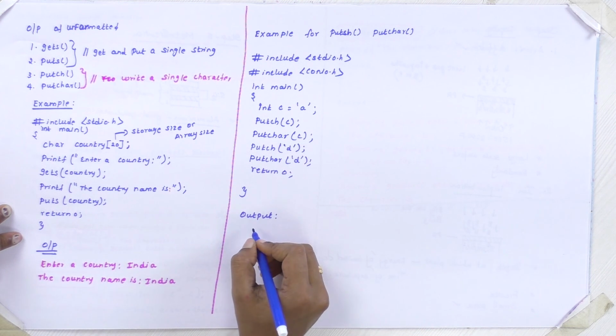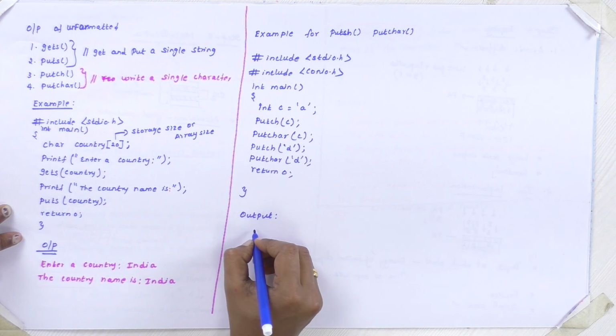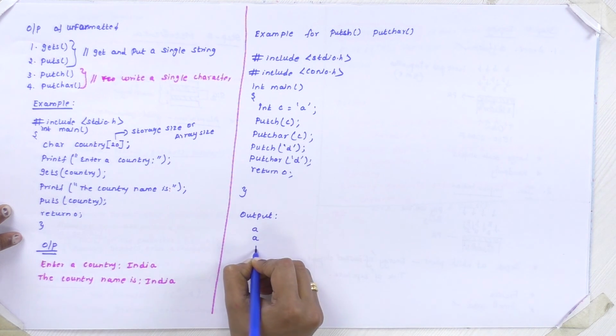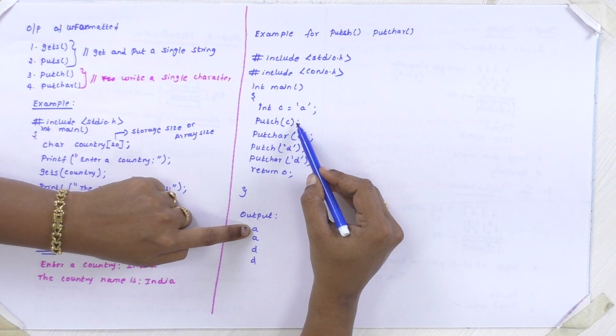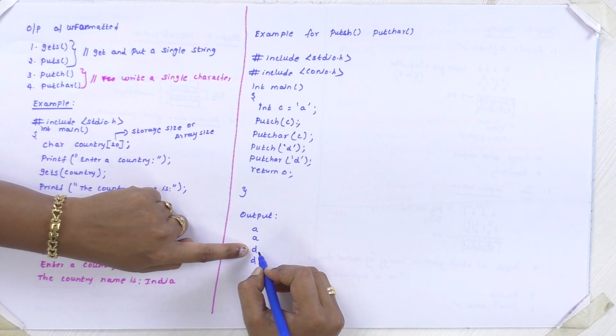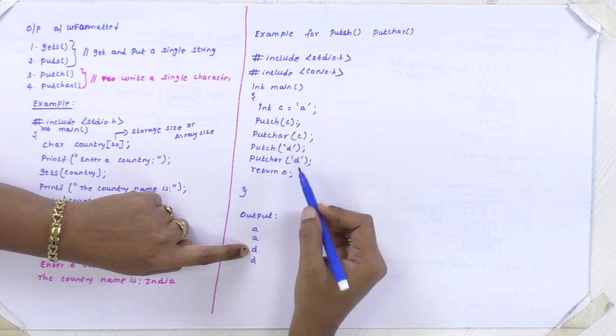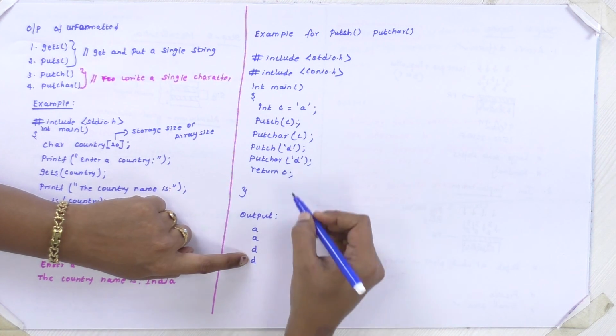The output of the program is A, D, D. So this refers to putch and putchar: putch with a directly assigned variable, then putchar with a directly assigned character. Thank you for watching this video.